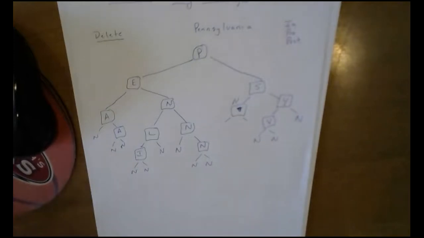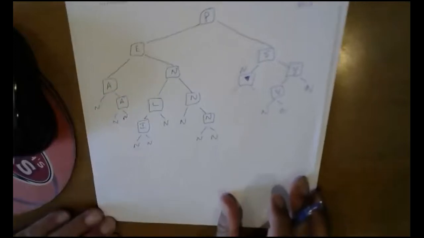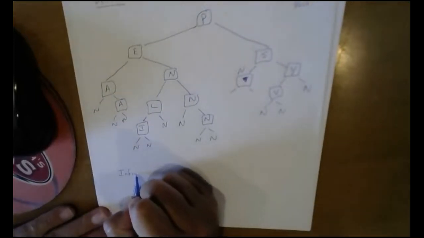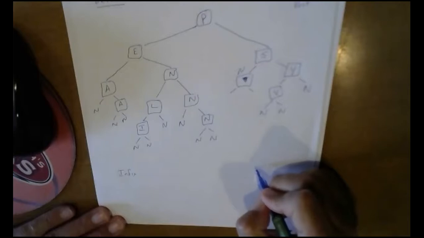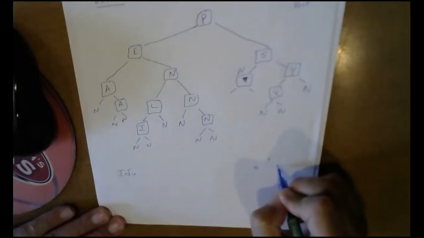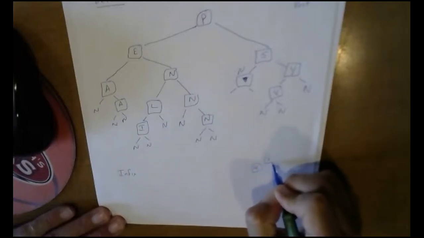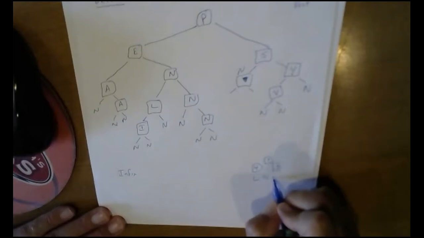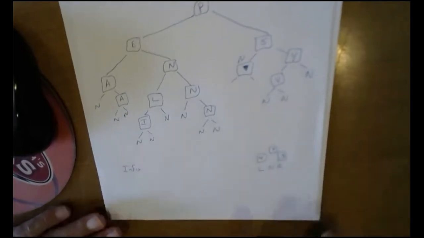Okay, so let's just run through. We said if we try infix, it should give it to me in alphabetical order. Infix was left, node, right. I come to here, I go to the left.